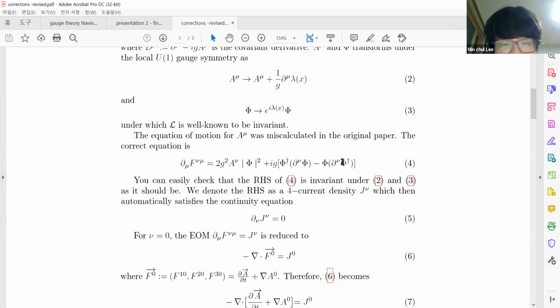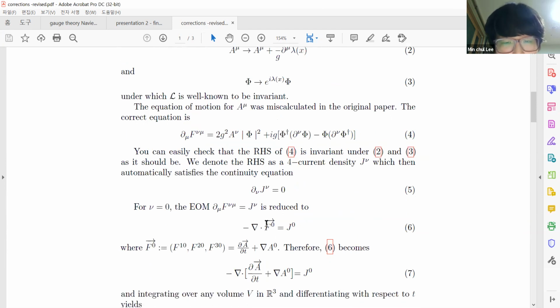So this is the equation of motion, whose right-hand side we denote as J nu. For nu equal to 0, the equation of motion becomes this, where F0 is F10, F20, F30, and it is by definition equal to this.